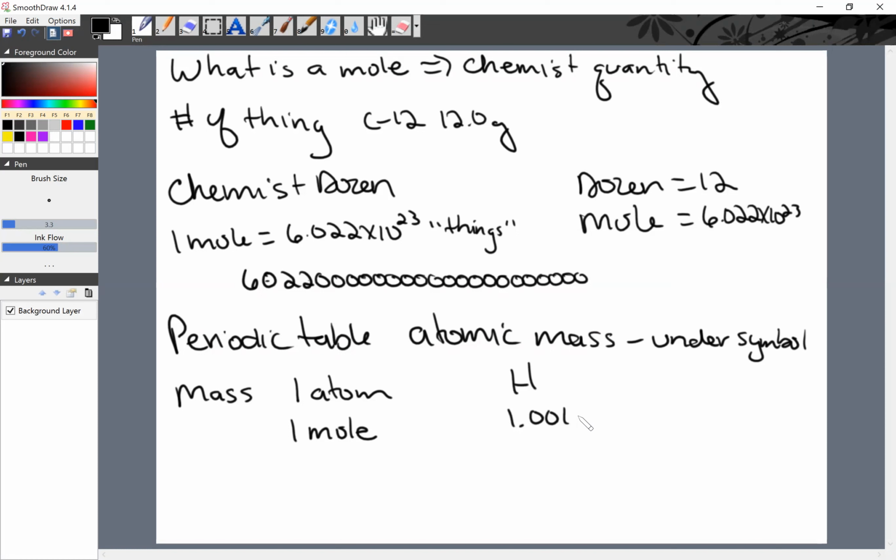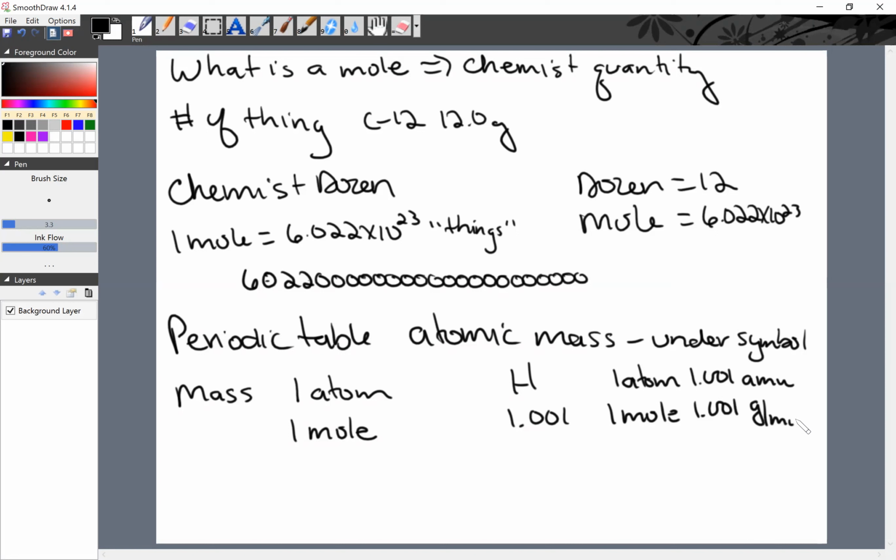That can be interpreted as 1 atom of hydrogen weighs 1.001, and we would call that an AMU, an atomic mass unit, because there's only one of them. But if you have 6.022 times 10 to the 23rd of them, so 1 mole of them, it should weigh 1.001 grams.